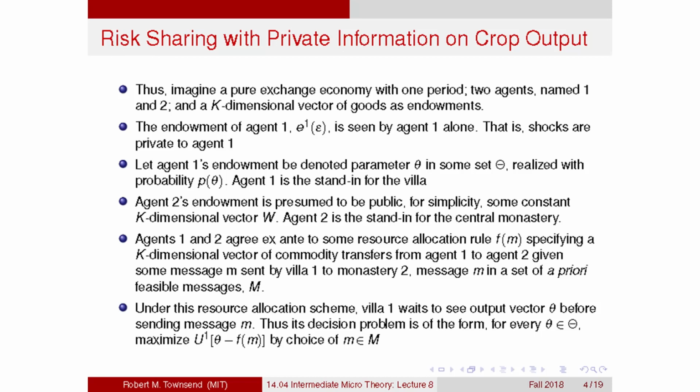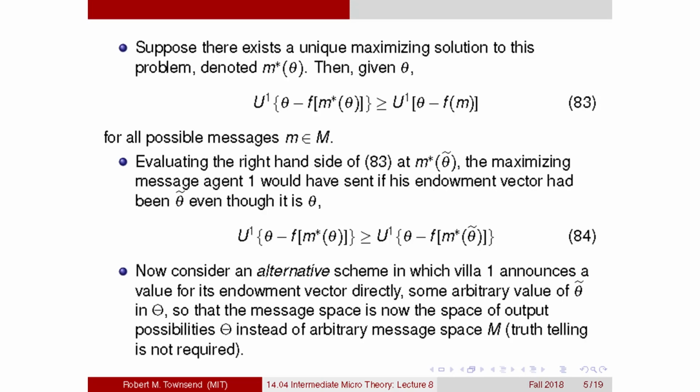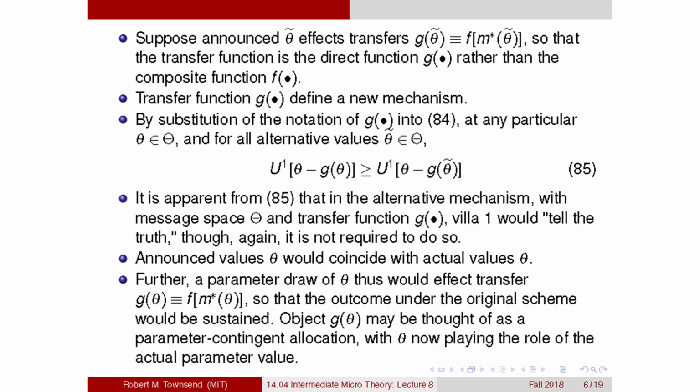So we did some derivation, had agent one sending messages, looked at what would be a maximizing message, derived a series of inequalities, and then changed the problems to sending messages about the underlying endowment, and ended up with something we call the truth-telling constraint, which captures all of the problems associated with private information in this context.